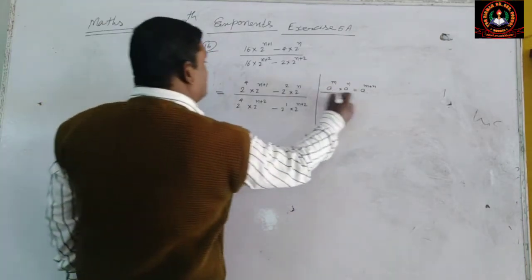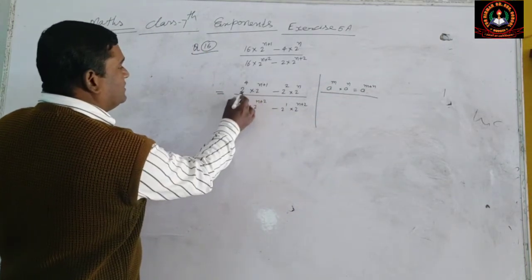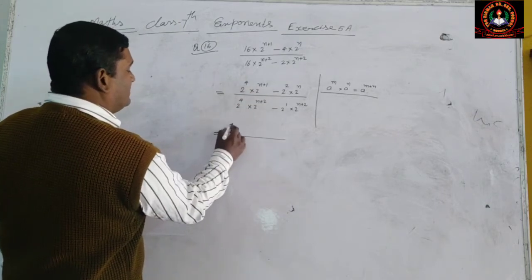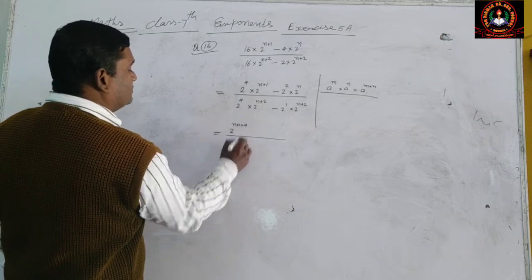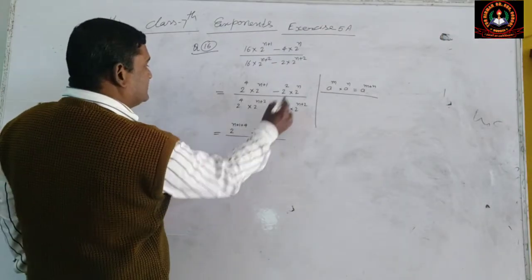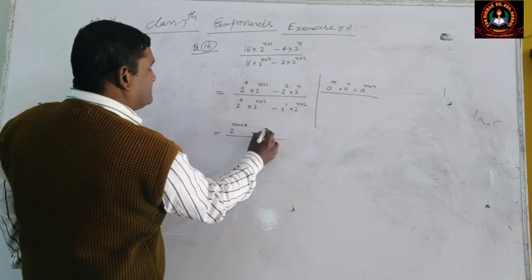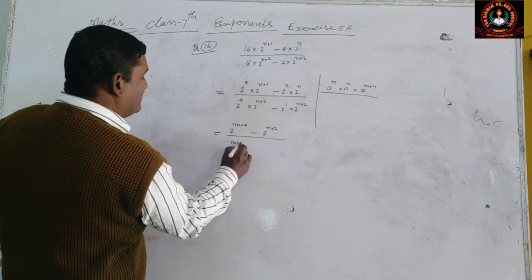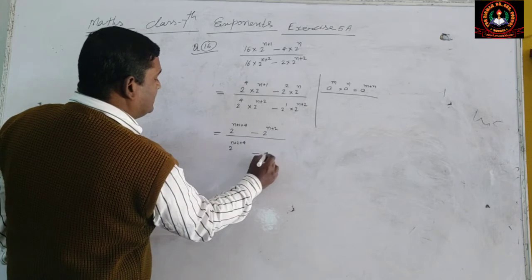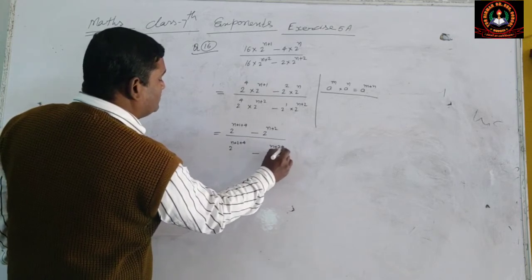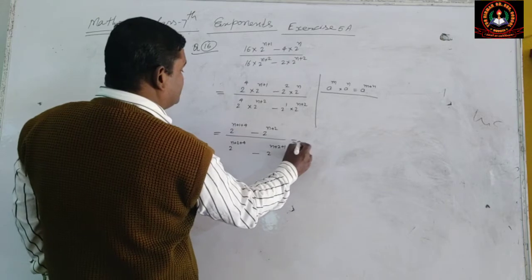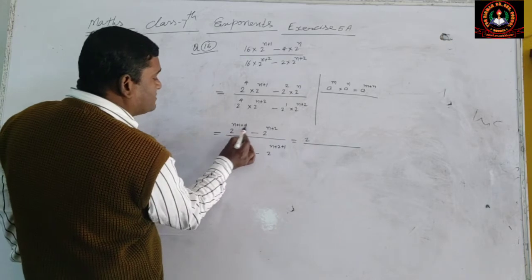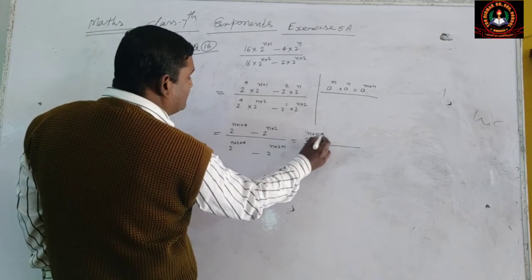Now we use this formula here: 2 to the power 4 into 2 to the power n plus 1 we may write as 2 to the power n plus 1 plus 4, which is 2 to the power n plus 5.